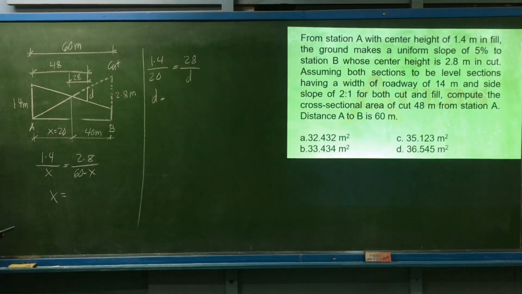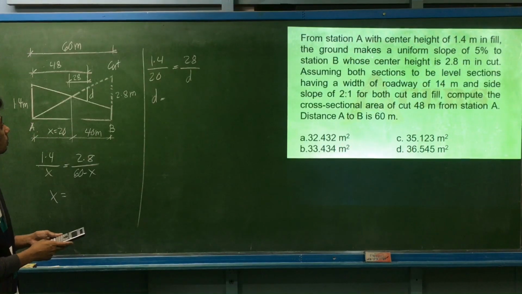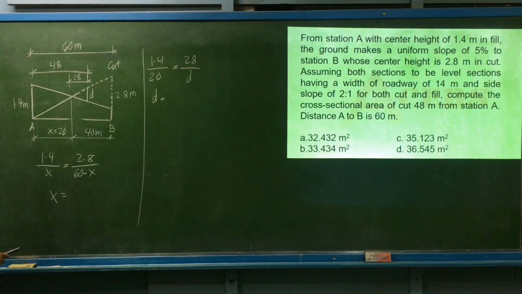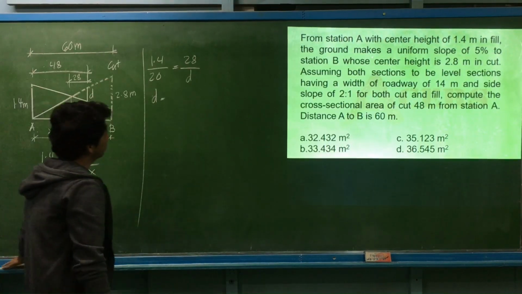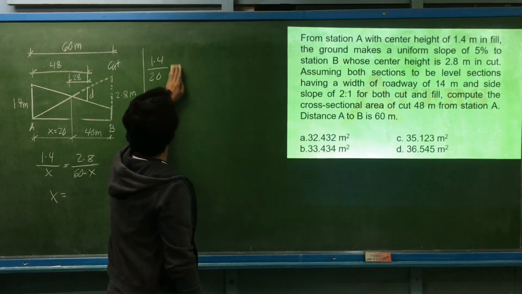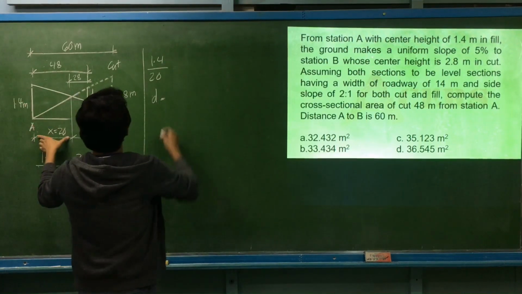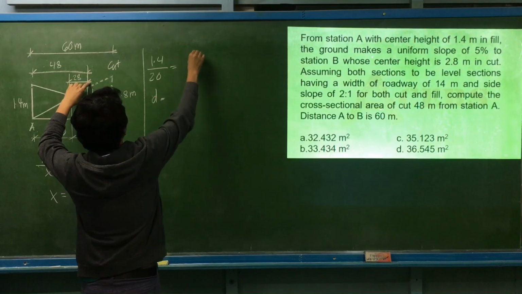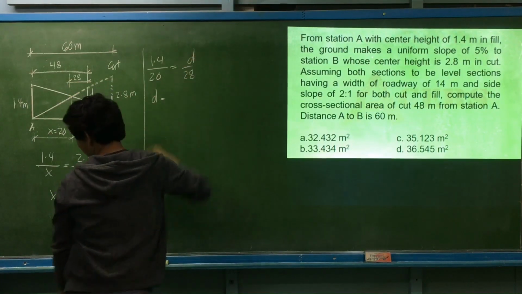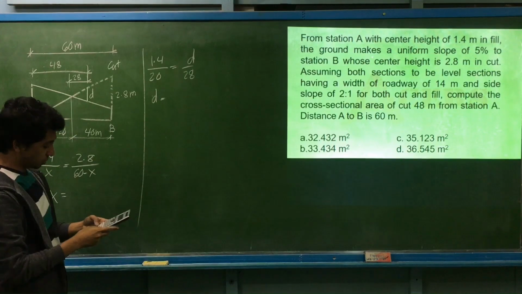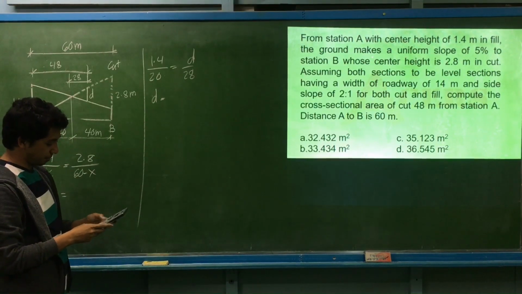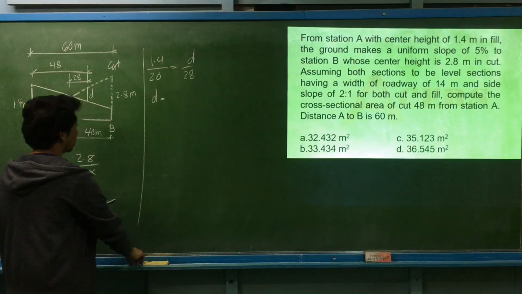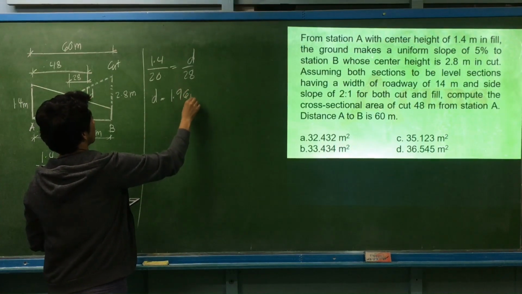I did this backwards. 1.4 is to 20, it should be D is to 20. Okay. So that is the same as 28 times 1.4 divided by 20. So the depth should be 1.96 meters.